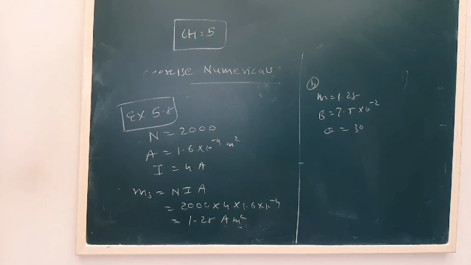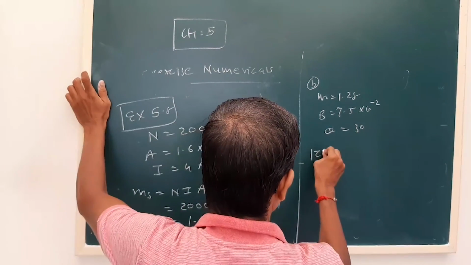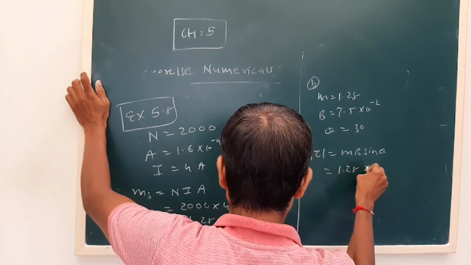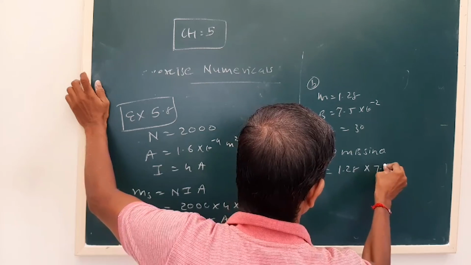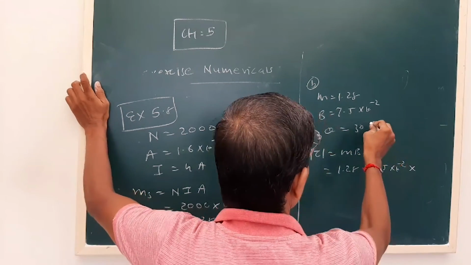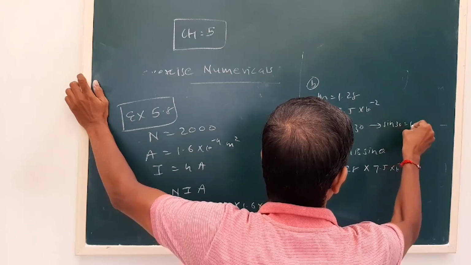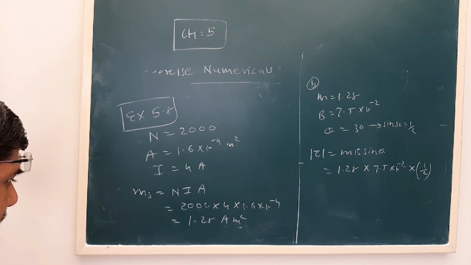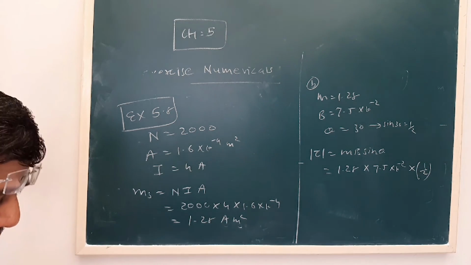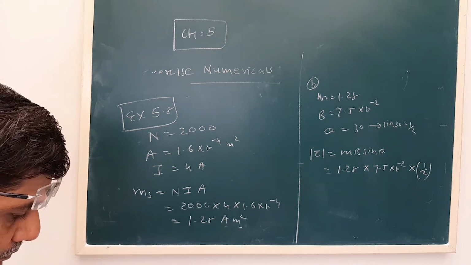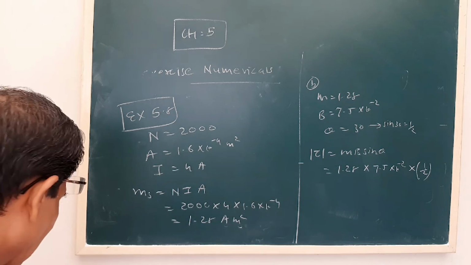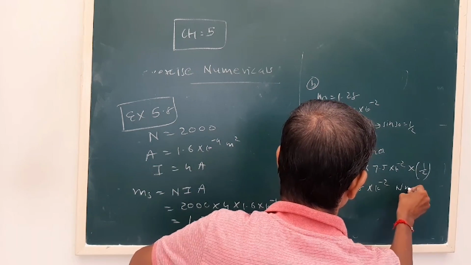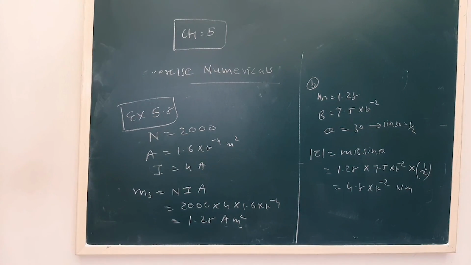So the magnitude of the torque is mb sin theta. Sin 30 is 1 by 2. Now we can calculate the corresponding torque. That is 4.8. Again, the torque unit is Newton meter.